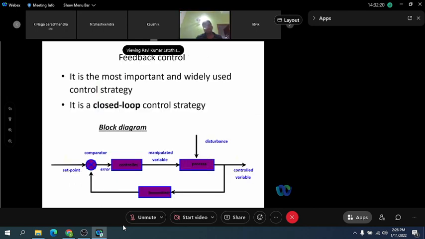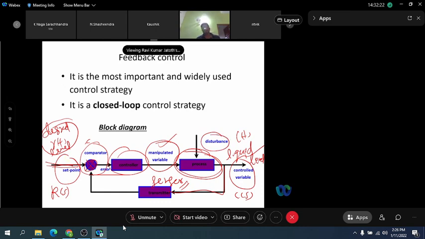This is called disturbance. Understood? Disturbance, controlled variable, manipulated variable, set point and all. Right, so this is called closed loop.